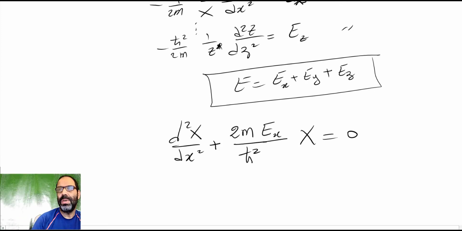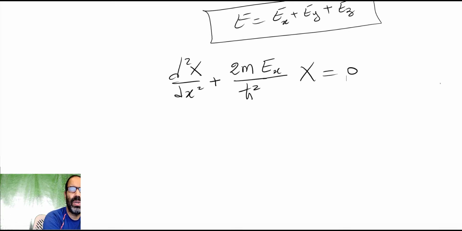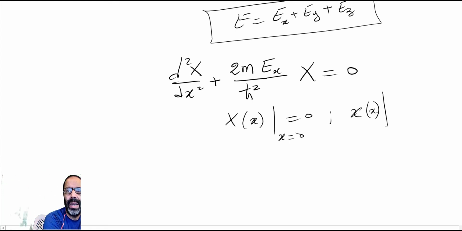So the solution is going to have some constants in here that need to satisfy the conditions that big X of x at x equals 0 is 0, and big X of x at x equals L also must be equal to 0.